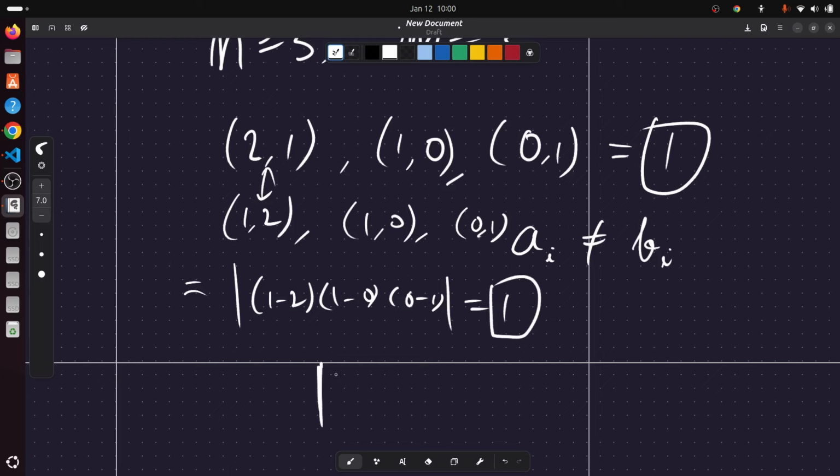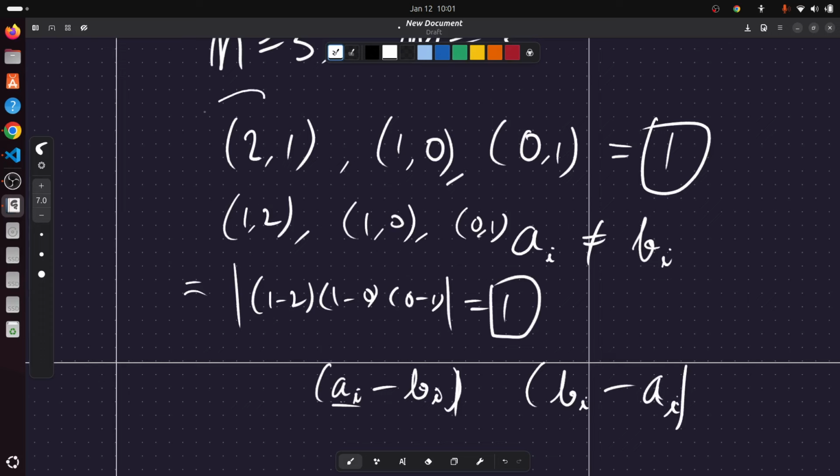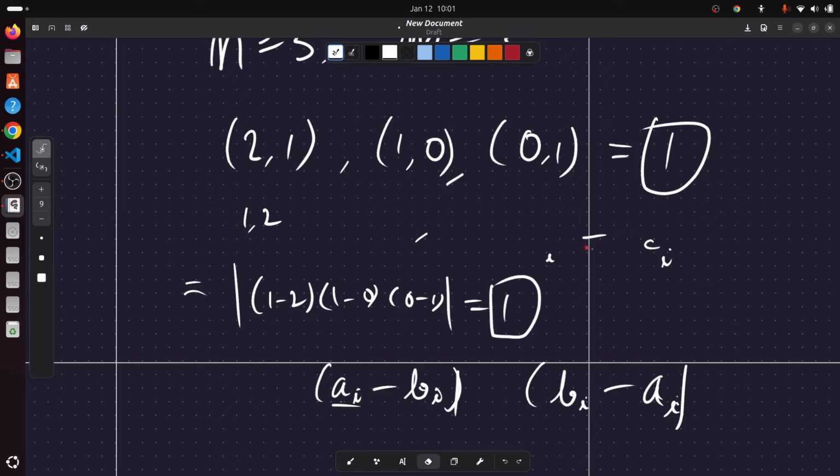In the product it was the product of ai minus bi, and we also had a final absolute value, right? So the sign doesn't matter. Even if I have ai minus bi or bi minus ai, the product will turn out to be the same. If I know the answer to this combination 2 1, 1 0, 0 1, then I can swap any of these m boxes.